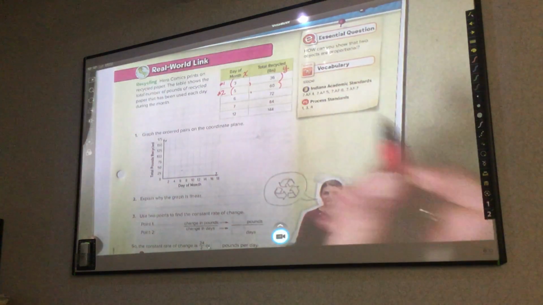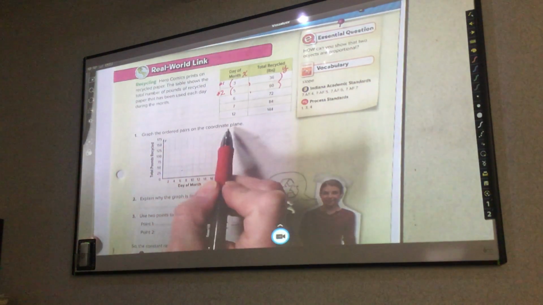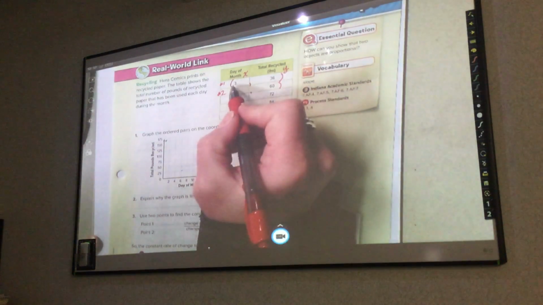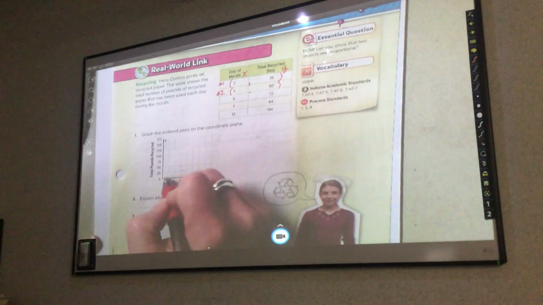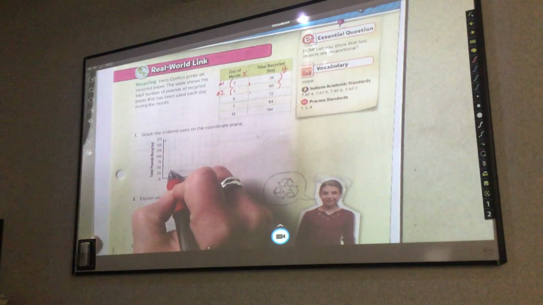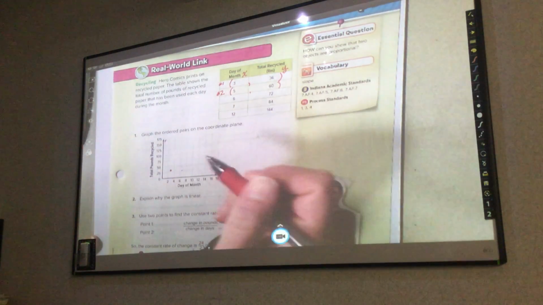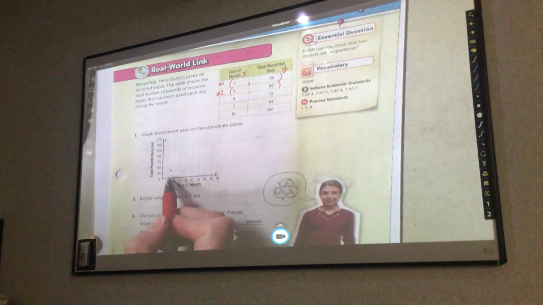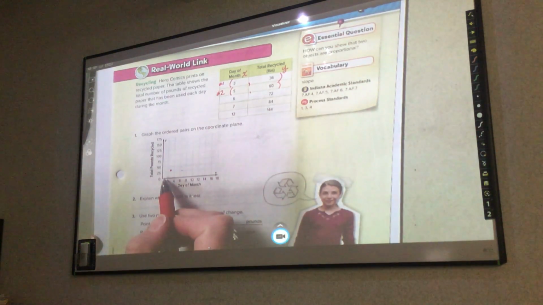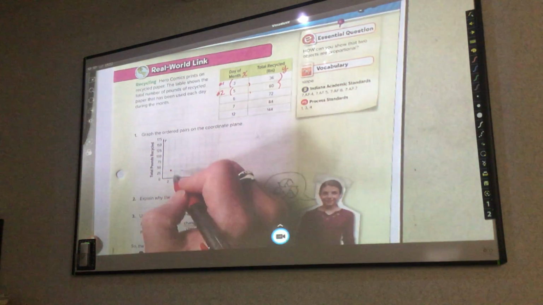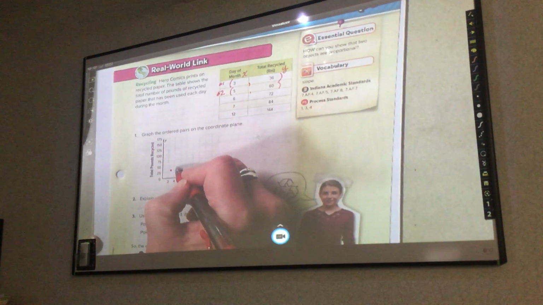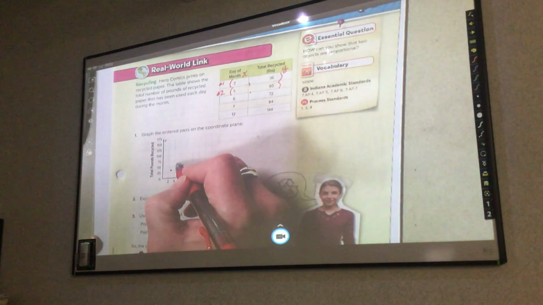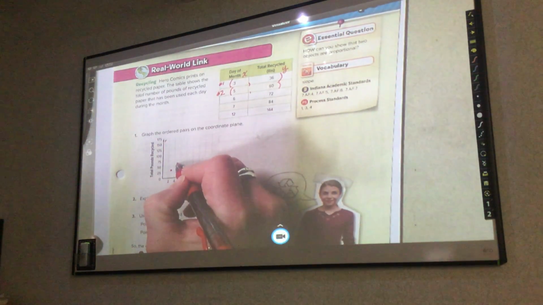Down here it says to graph the ordered pairs. Alright, I can do that. Over 3, up 36. It's not exact on the 36, but I can get the 3. Over 5, up to 60. So over 5, 5 is between 4 and 6, up to 60, not quite in the middle.